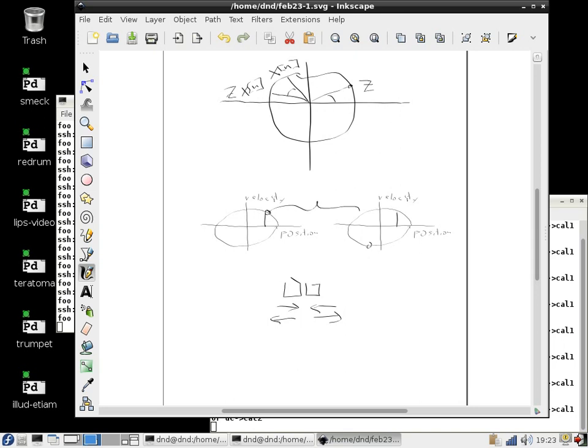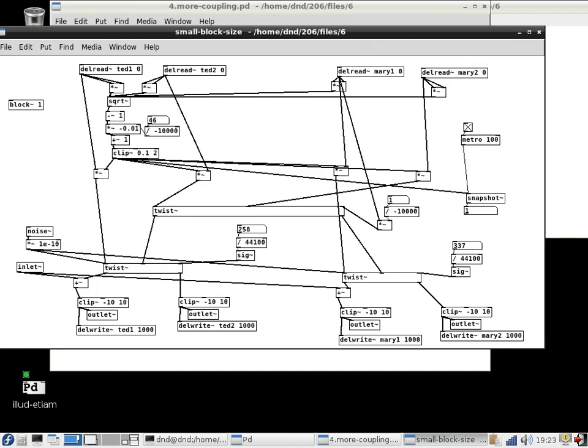Another energy preserving thing might be to mix the two velocities in an energy conserving way. And the energy conserving way to mix the two velocities is this. It's just, and this is strange, taking the velocities and graphing the two velocities on a different plane from the planes that we're looking at.